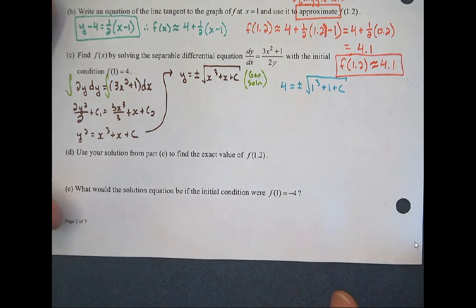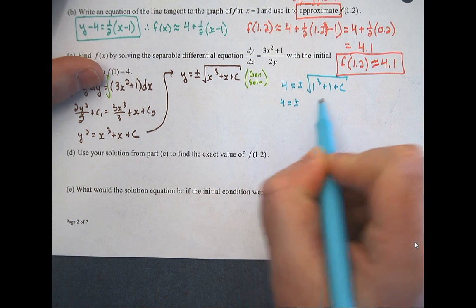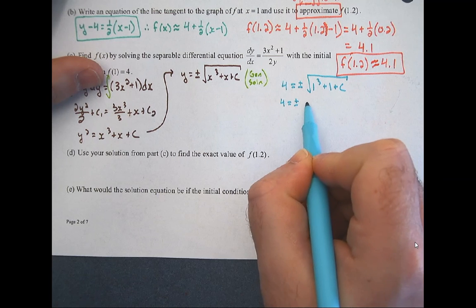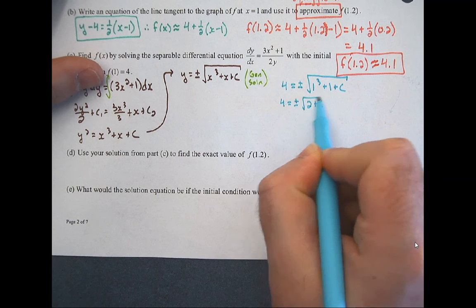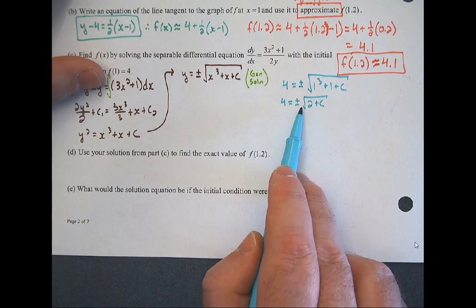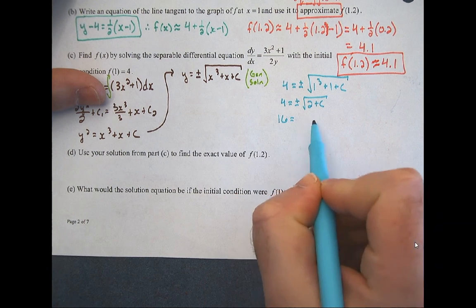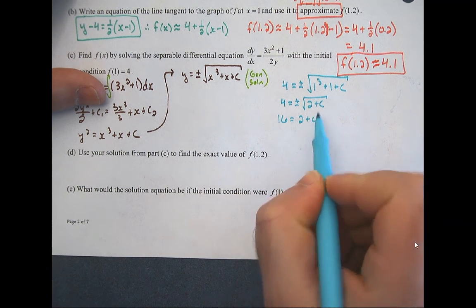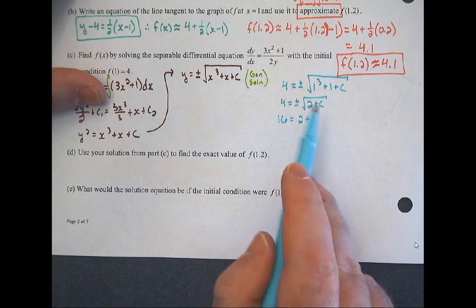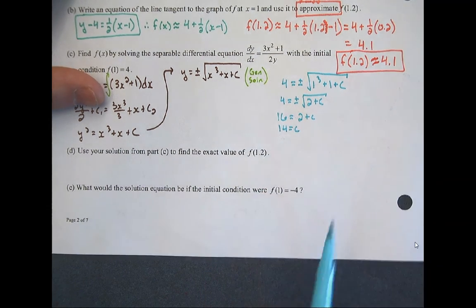What would you do to both sides? Well, who's farthest? Actually, let's combine some stuff first. 4 equals plus or minus the square root of, that's 1 cubed, that's 2 plus c. Who's farthest away from c on the same side is the square root, so I'm going to square both sides. So 16 equals, and then what's a negative squared or a positive squared? No problem. Bump over the 2, we get 14 equals c.